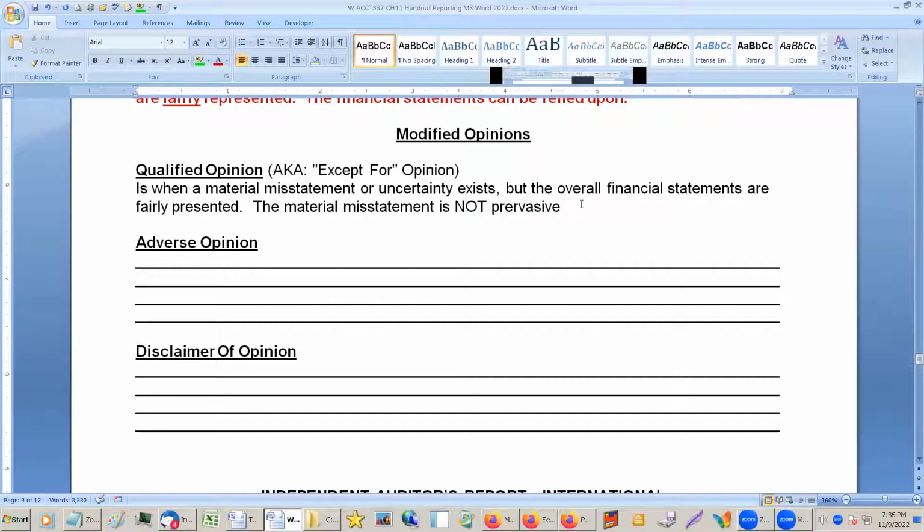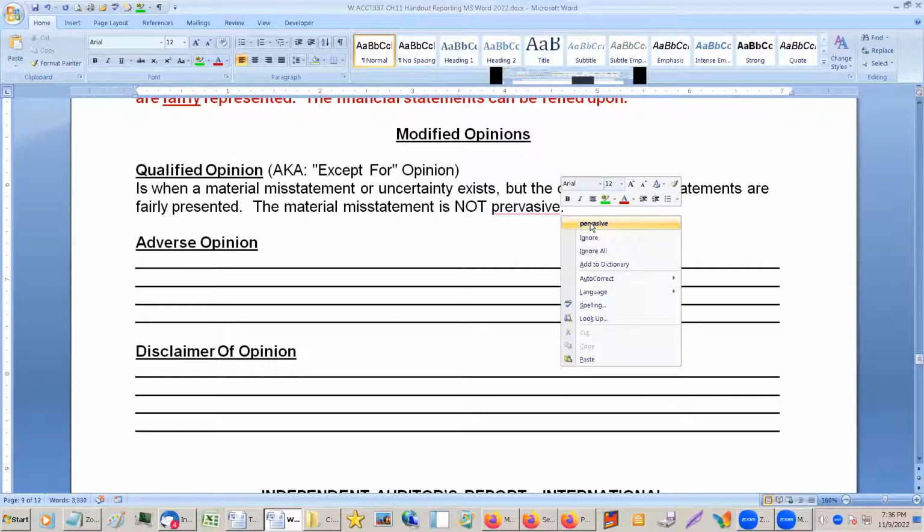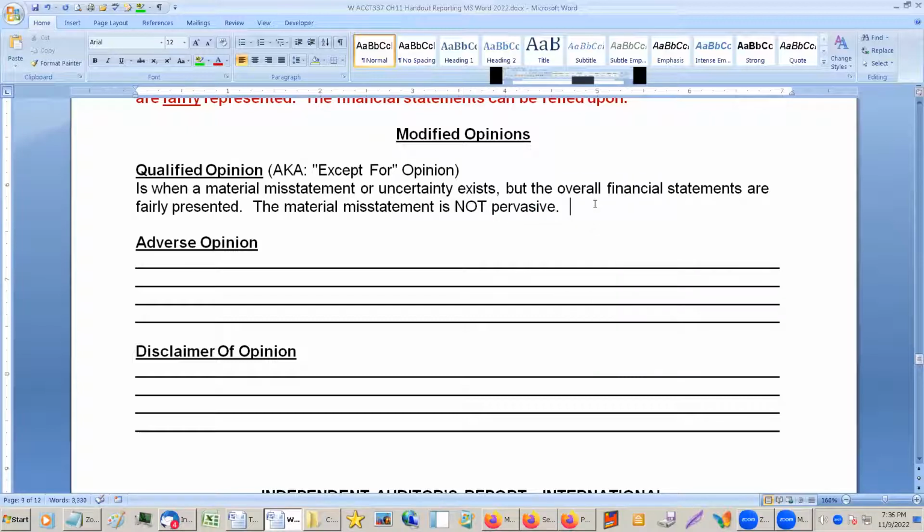In other words, it's usually confined to one account.